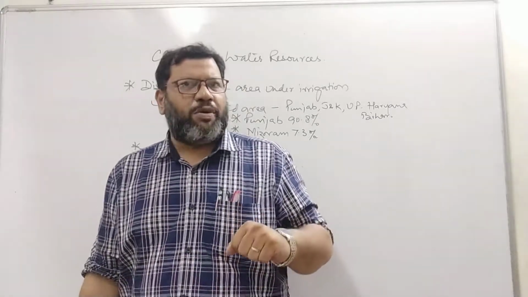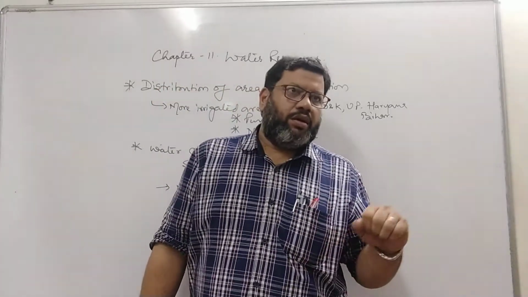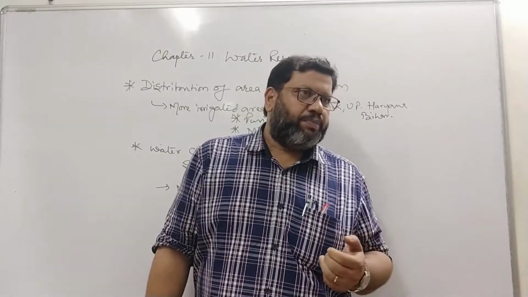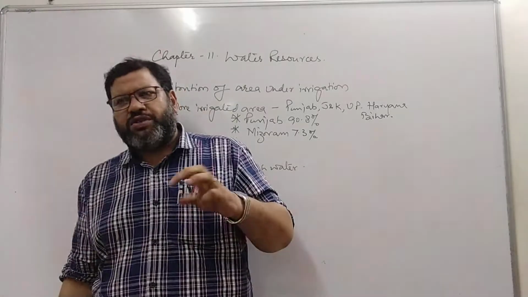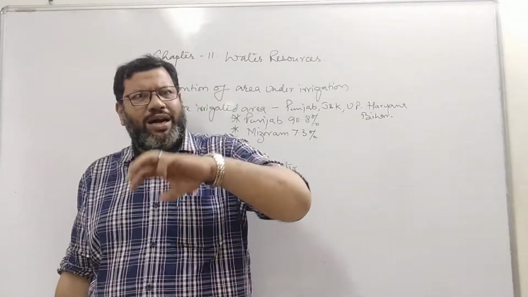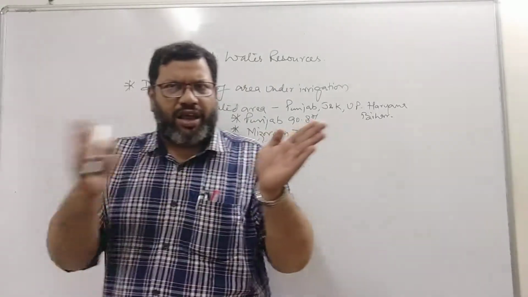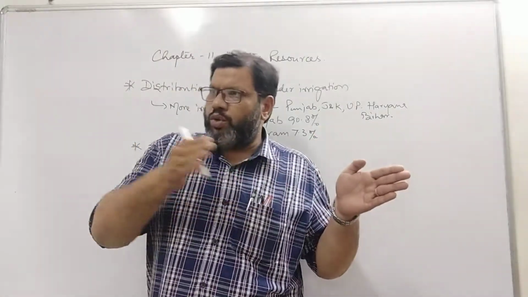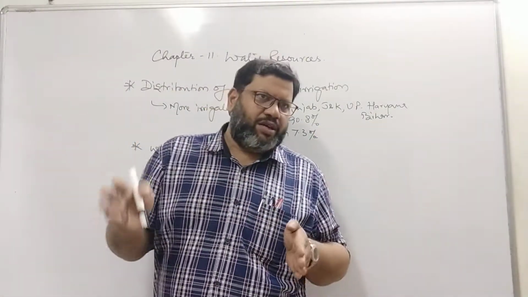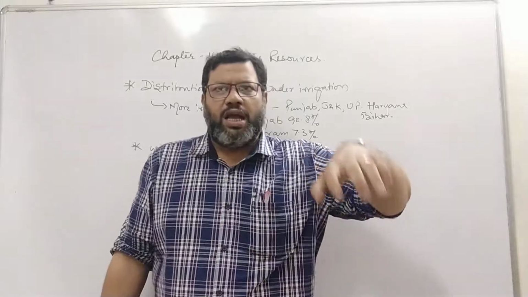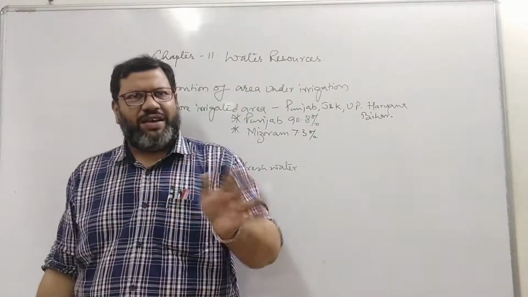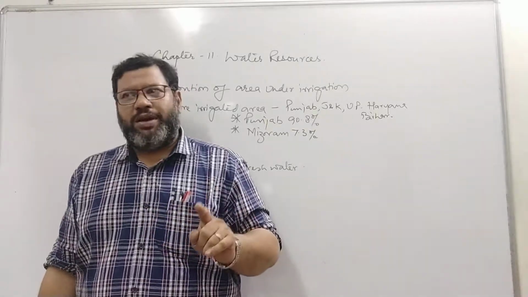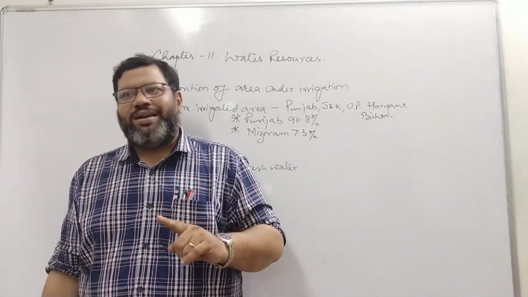And how is it possible, in spite of the fact that Punjab receives approximately 70 to 100 centimeters of rainfall distributed unevenly over the state? The average is 75-80 centimeters of rainfall.